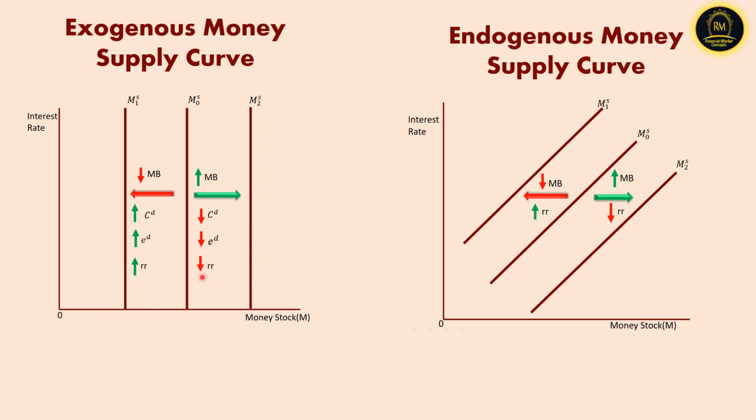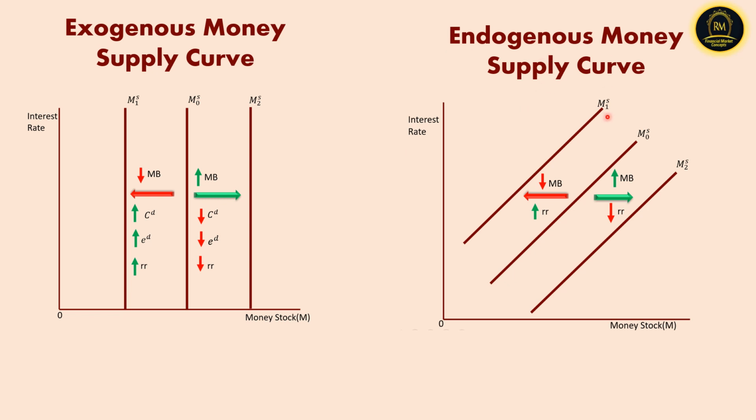If these ratios fall and the central bank raises the monetary base, the money supply curve will shift towards the right, leading to an increase in money stock. But if the central bank decides to reduce the monetary base, and the currency ratio, excess reserve ratio, and required reserve ratio increase, the money supply curve will shift towards the left, leading to a fall in money stock.